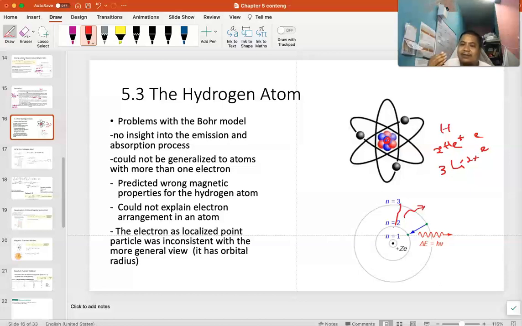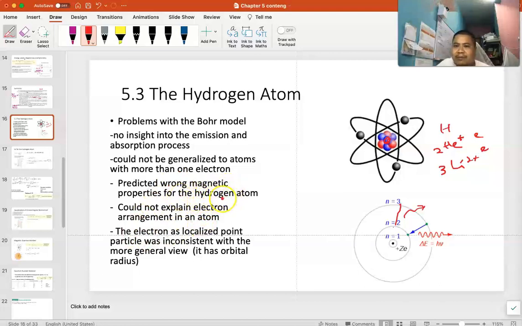So for the lithium neutral atom, as we have more protons in the atom, it will deviate from the formula given by the Bohr model. So it is difficult. That means the Bohr model is no longer applicable for atoms with more electrons. And it also predicts wrong magnetic properties of the hydrogen atom.